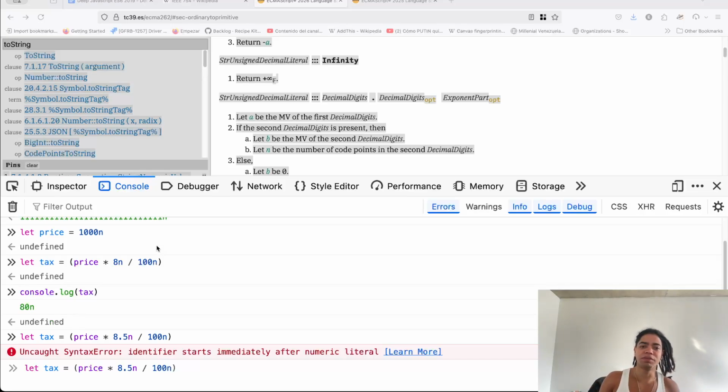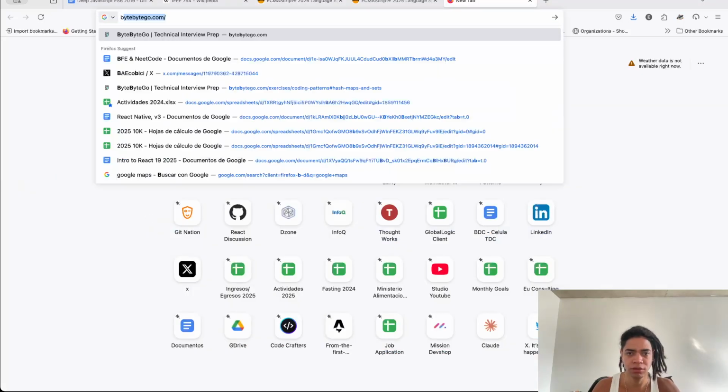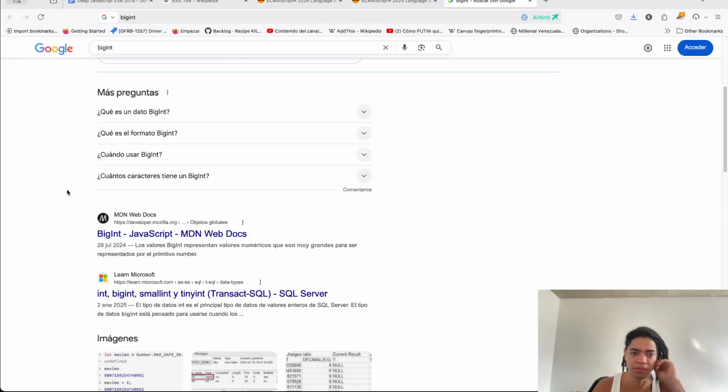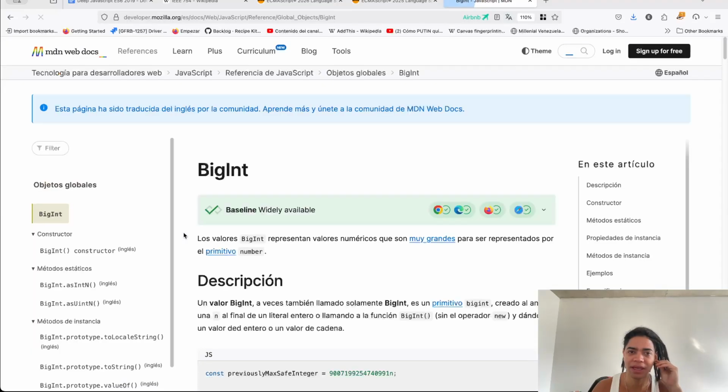BigInt is only to represent big numbers, big integers. You know, how big is BigInt? How big does it represent?